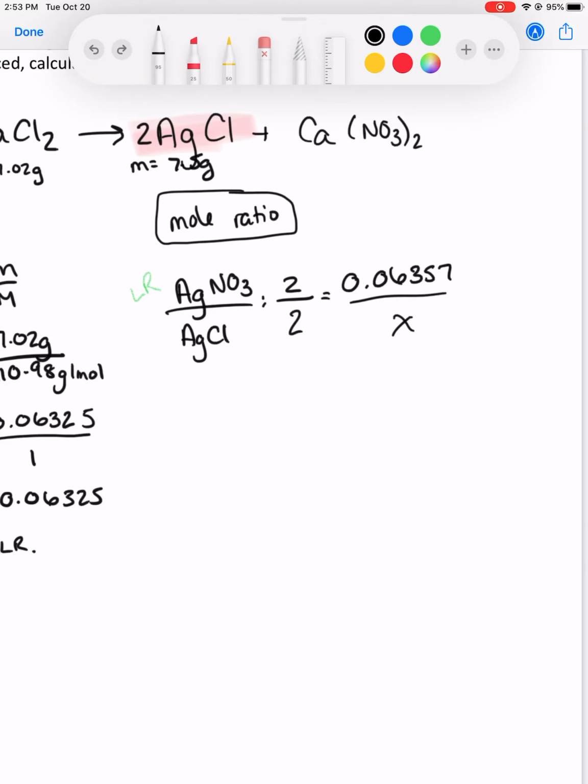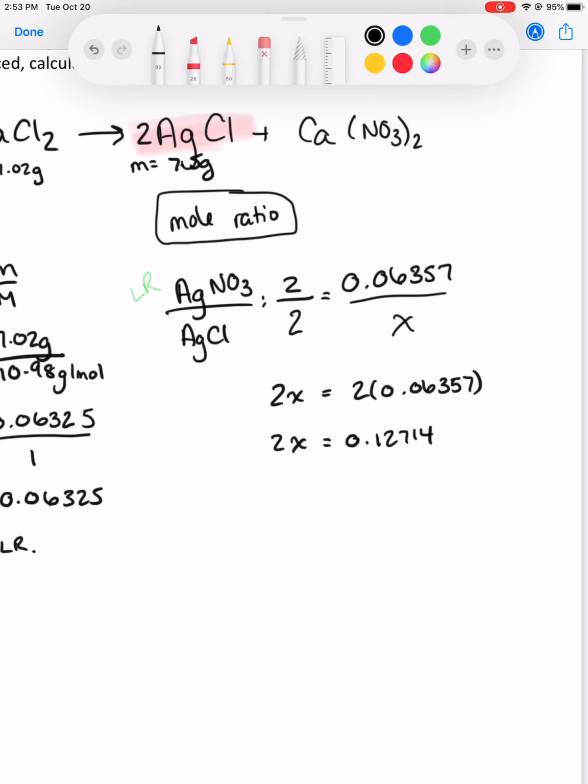So that means we're going to do 2x is equal to 2 times 0.06357, which is 0.12714.